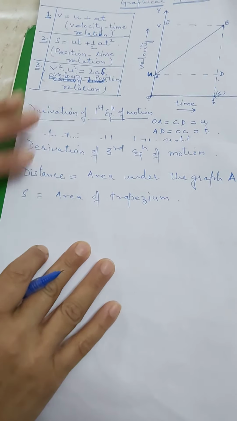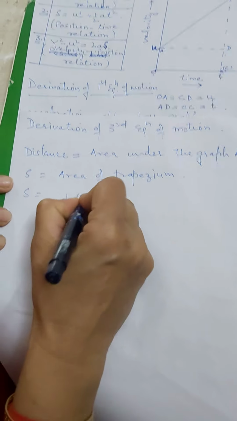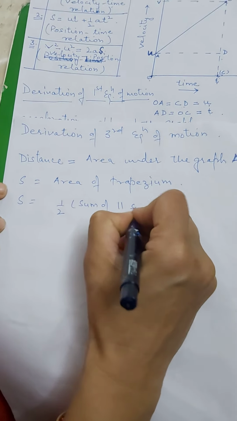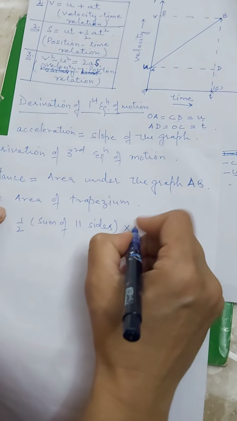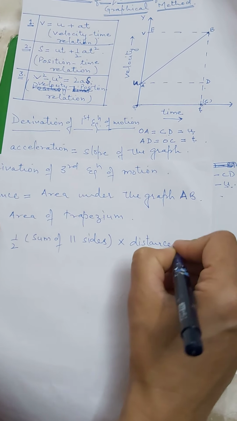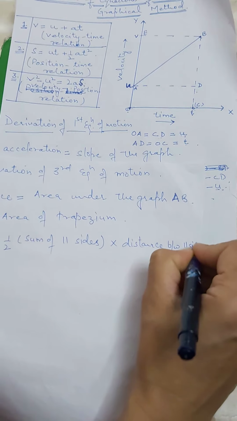And what is the area of a trapezium? S is equal to half into the sum of parallel sides into the distance between parallel sides.